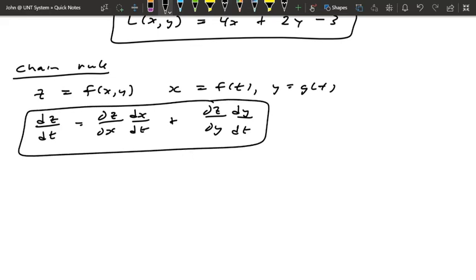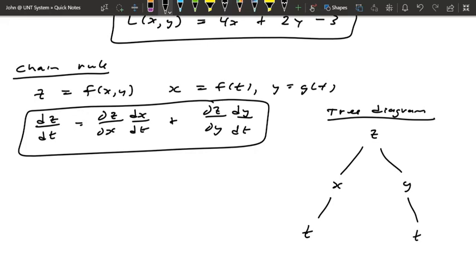Then we have this tree diagram. So you have the variable z at the top. It's a function of two variables, x and y. X and y are functions of t. So we can take the partial with respect to x and y of z, and we label that particular branch of the tree with those partial derivatives.